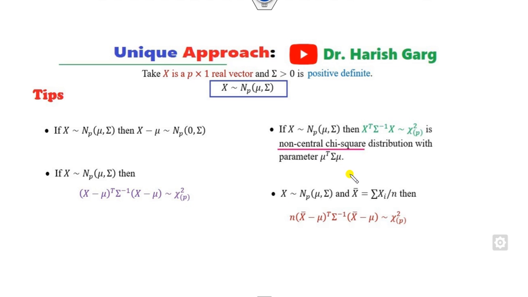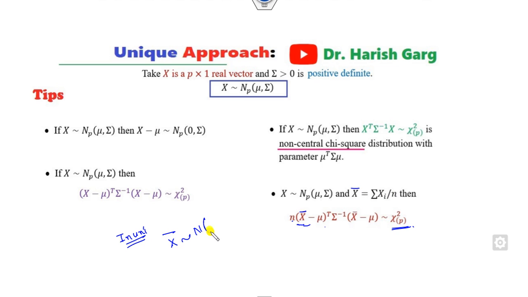Another concept: if x is my multivariate normal distribution, then what is the sample mean? The sample mean follows this distribution here. On the other hand, n times (x bar minus mu) transpose sigma inverse (x bar minus mu) will again follow the chi-square distribution. You all know in the univariate case what will happen.